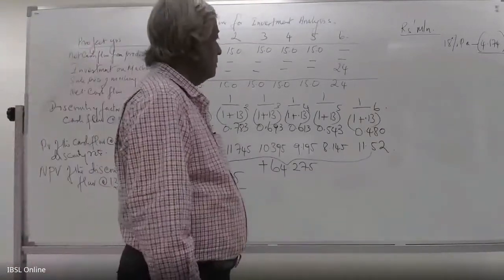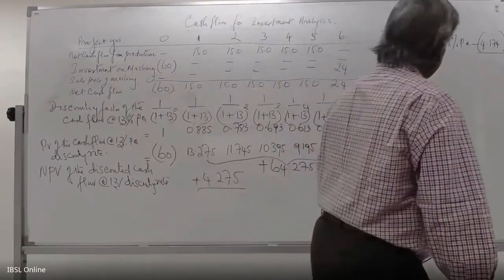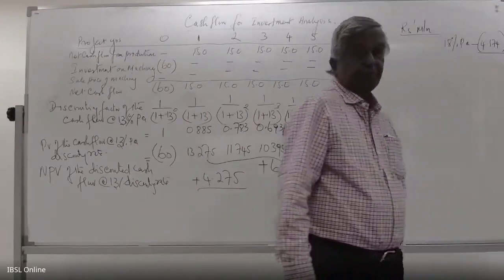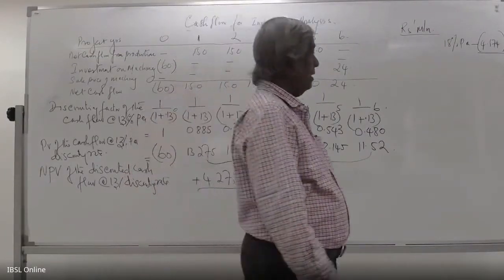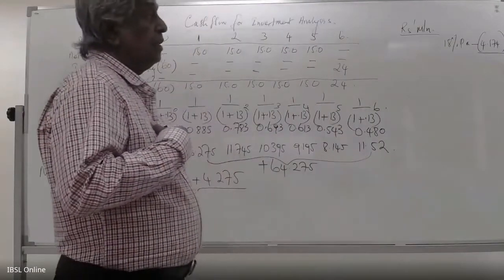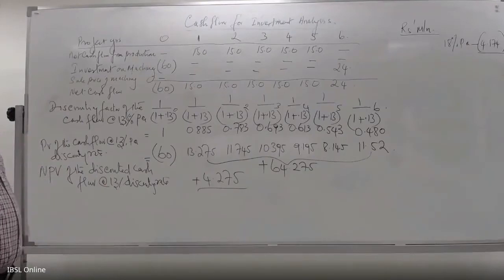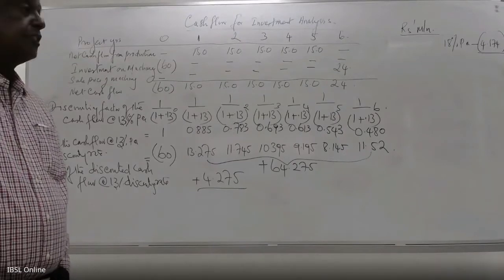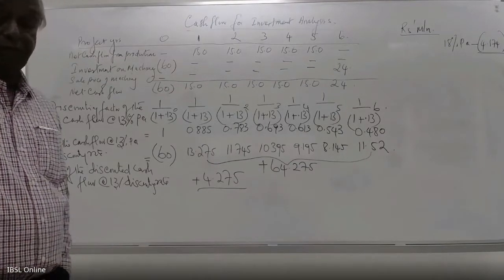Now, at 18% interest rate, the NPV was negative. It was minus 4.174. When the interest rate is reduced to 13%, it becomes positive, and the investment at that interest rate is worthy. It comes plus 4.275.